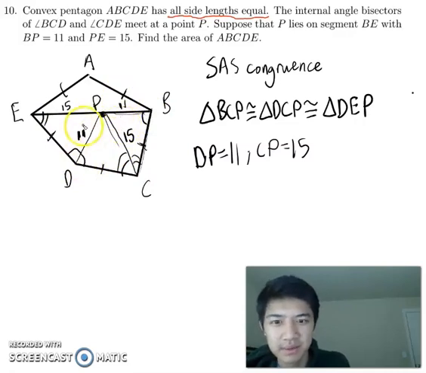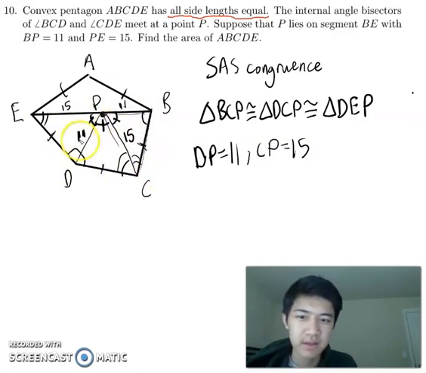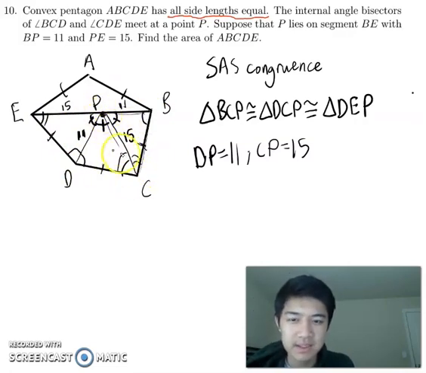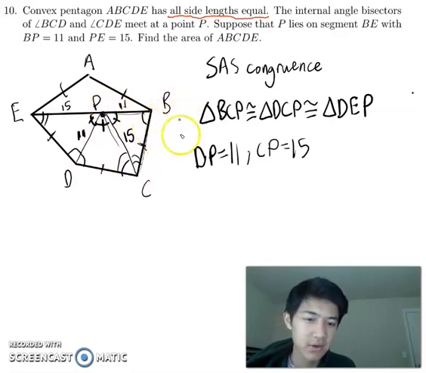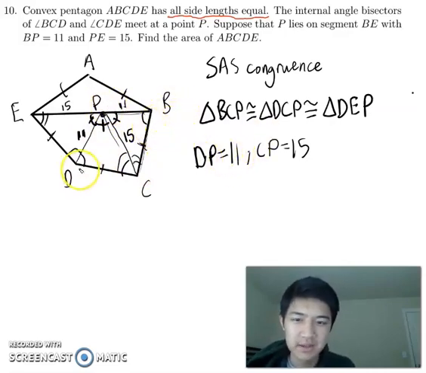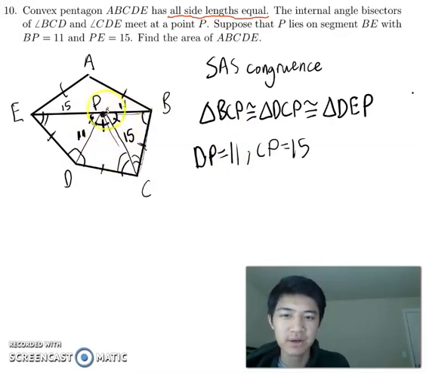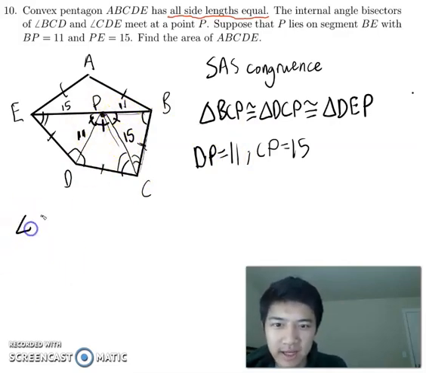But what we haven't looked at yet are the 3 in here. And in fact, the 3 in here should all be equal to each other, because CPD and CPB are corresponding angles of the two triangles. So if all 3 of these are equal and they add up to 180 degrees, then we know that all 3 of them will equal 60 degrees.